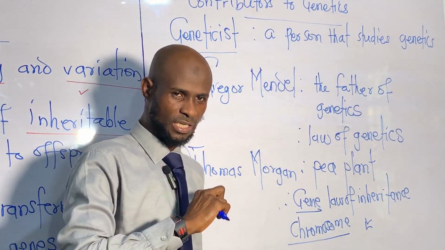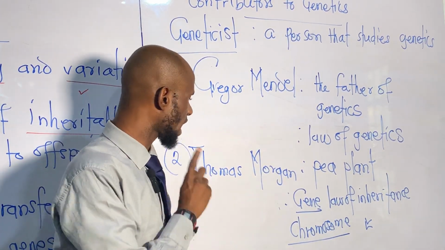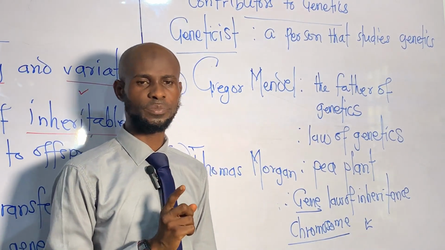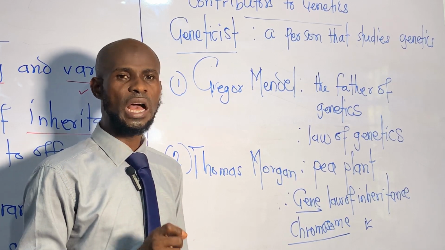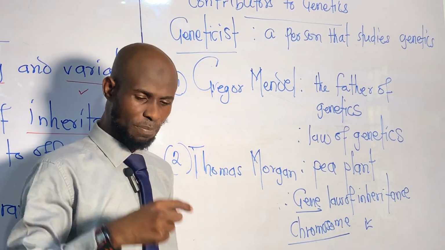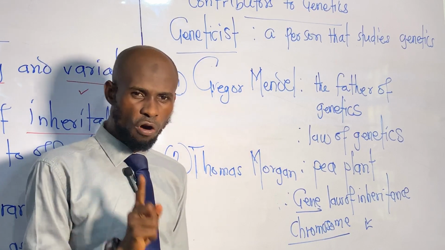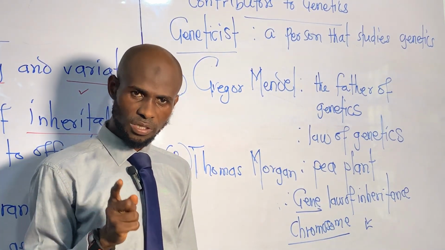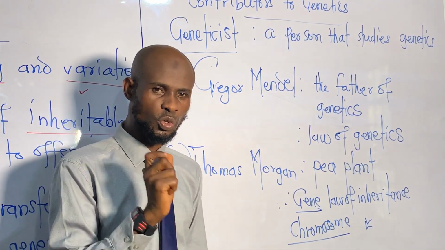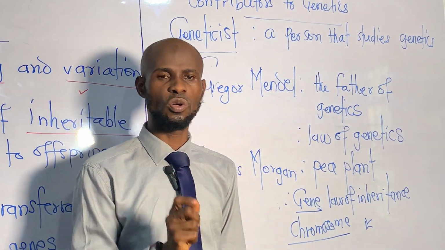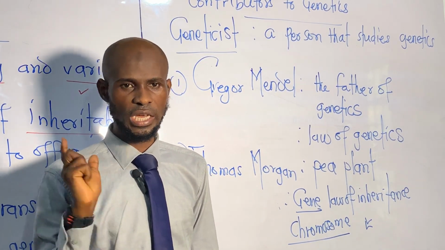So either you say gene that is located on the chromosome, or you say the chromosome itself. So Thomas Morgan was able to explain the location of the gene on the chromosome, and he was able to explain that that particular structure responsible for the transfer of traits that Gregor Mendel discovered is called the gene. He was able to use the gene and the chromosome to relate to what is called inheritance.